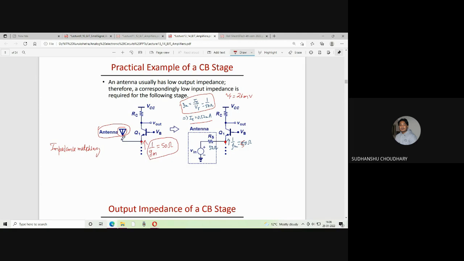So this antenna is compatible as an input to this common base configuration on the emitter side. One can replace this antenna by its small source resistance of 50 ohms, with 50 ohms present here also. So good impedance matching can be observed here.